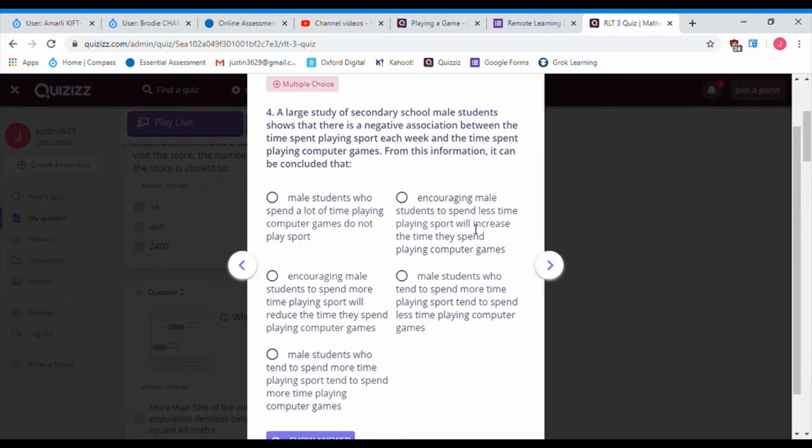So there is no guarantees here. The word tend here is very important. That's kind of like saying, yeah, on average, male students who spend more time playing sport will, on average, spend less time playing computer games. So that one will be our correct answer.